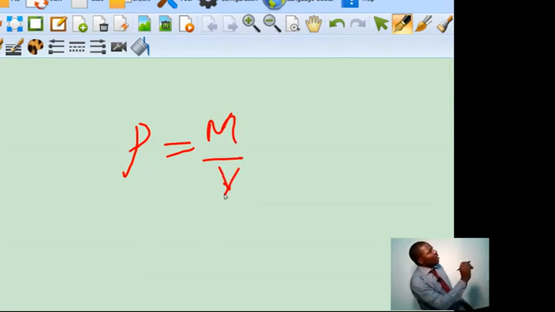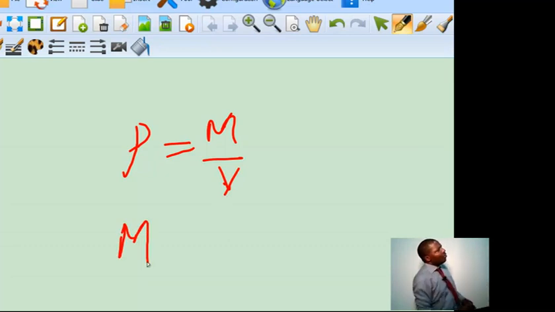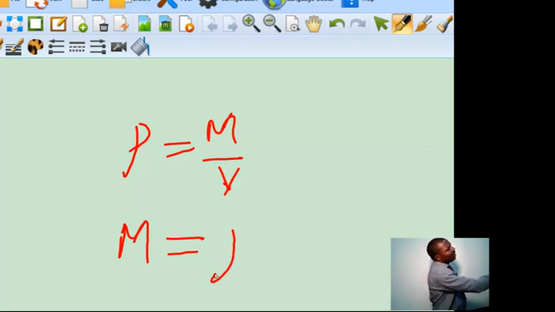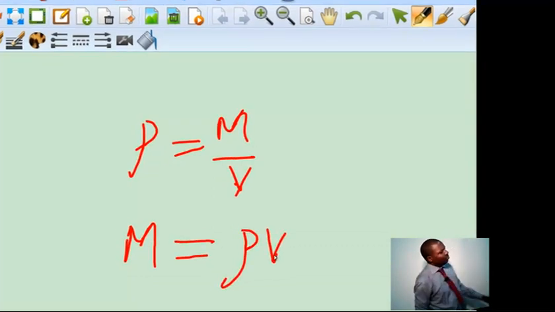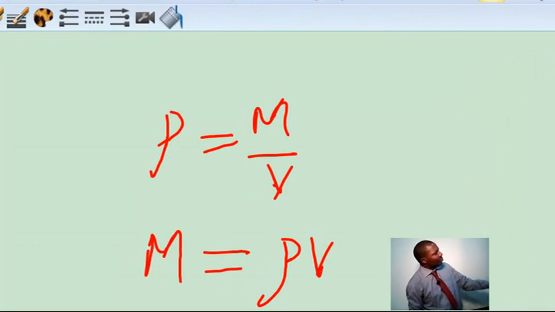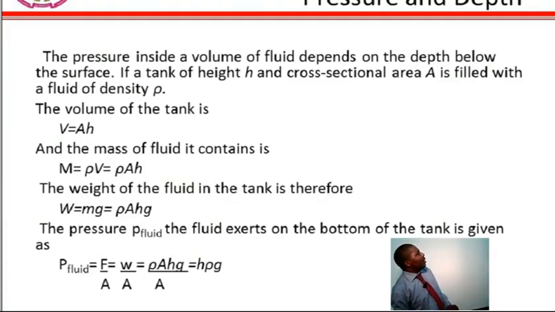So when we talk about the mass of the liquid, we talk about it with respect to the density and volume. Now, the mass can further be expressed as density times area times height, since volume equals area times height. So instead of density times volume, it can also be expressed as density times area times height.